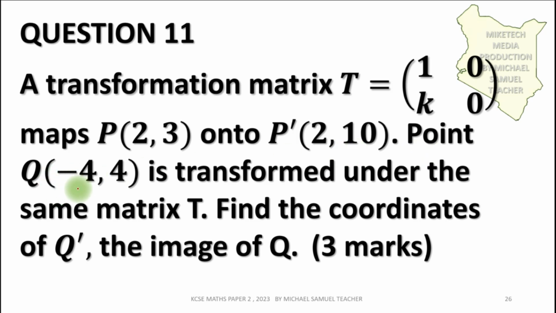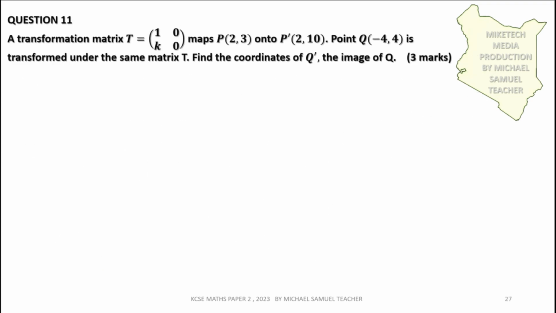Point Q, which is (-4, 4), is transformed under the same matrix T. Find the coordinates of Q prime, the image of Q. So you have the matrix T. It maps a point P onto P prime.